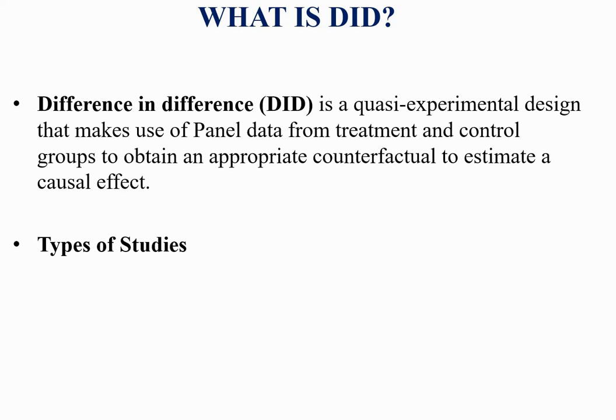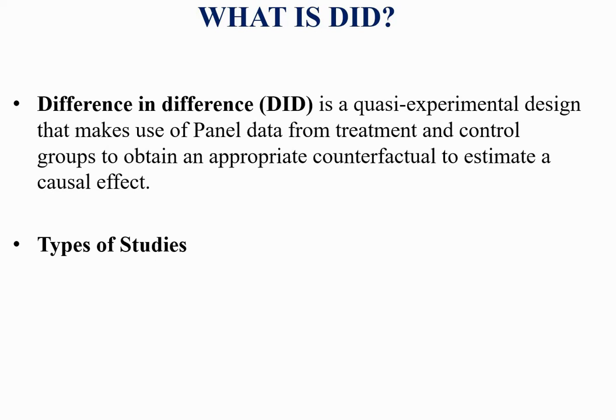And a quasi-experimental design aims to establish a cause and effect relationship between an independent and a dependent variable. So unlike controlled experiments, a quasi-experiment does not rely on random assignment. Instead, objects are assigned to groups based on non-random criteria.